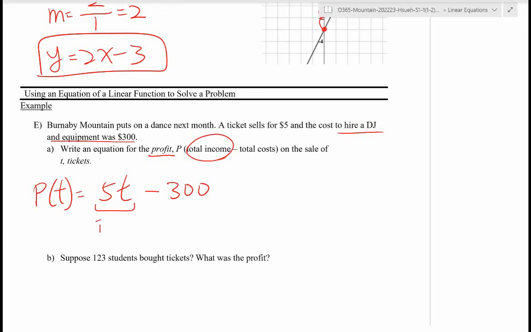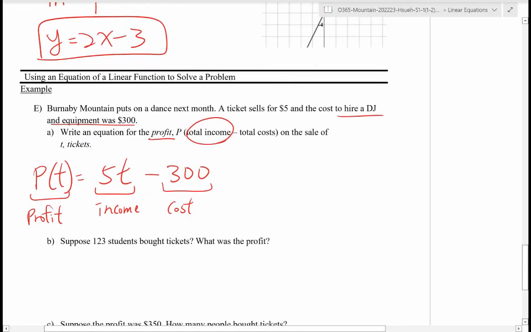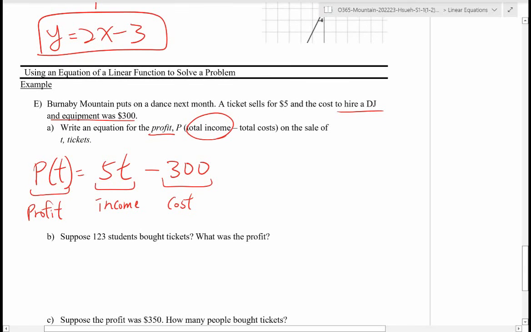So this piece is the income, and this piece is the cost. Income minus the cost gives you the profit. The cost is negative, so it makes sense.